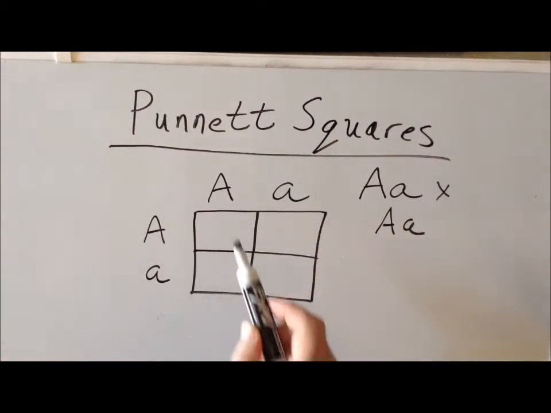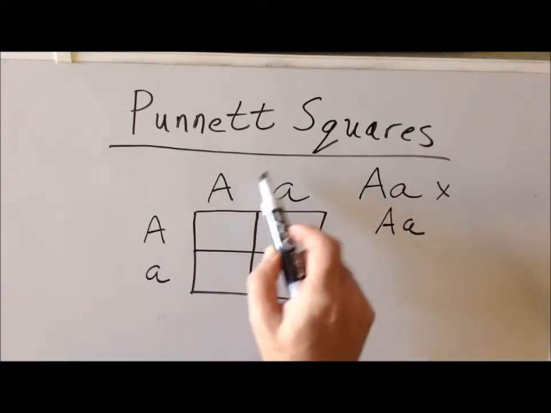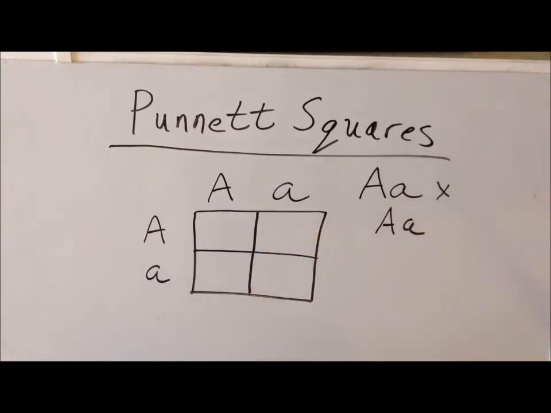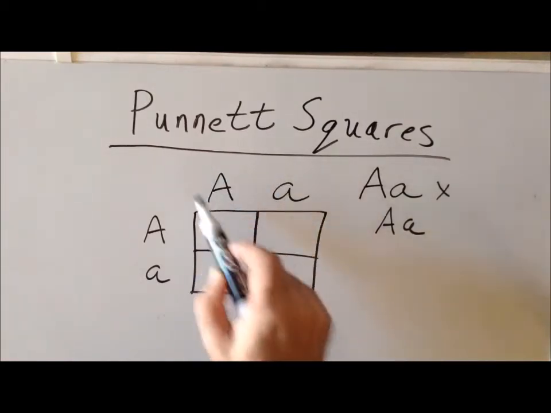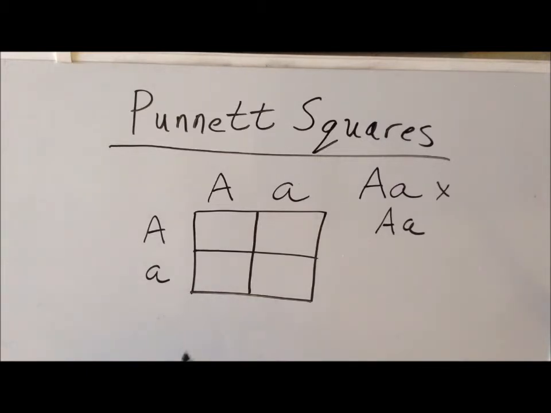It's a 50% chance of having the capital A and a 50% chance of having the small a. For example, this might be the mother and this would be the father. When they combine to form any of the progeny, the children, they get one allele from one parent and one allele from the other.